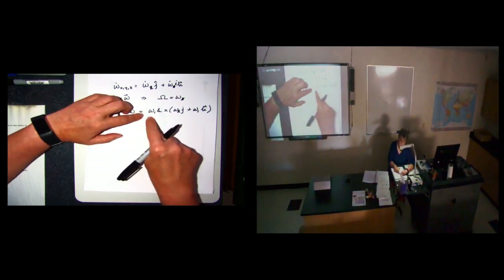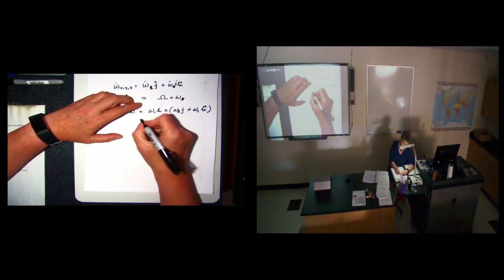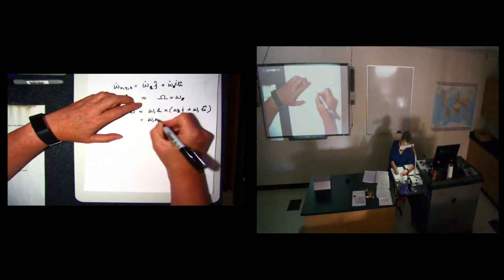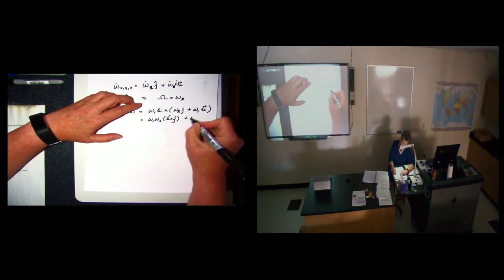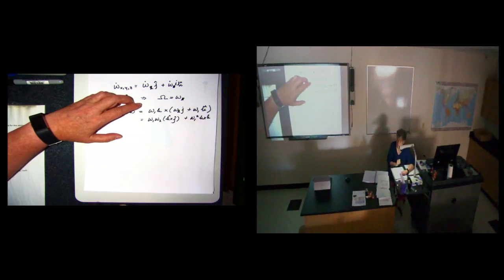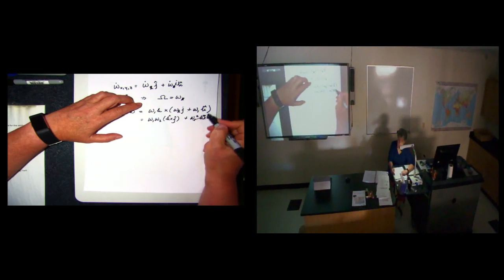So, omega 1, omega 2, and that's K cross J. And this is omega 1 squared K cross K, so that goes to 0.